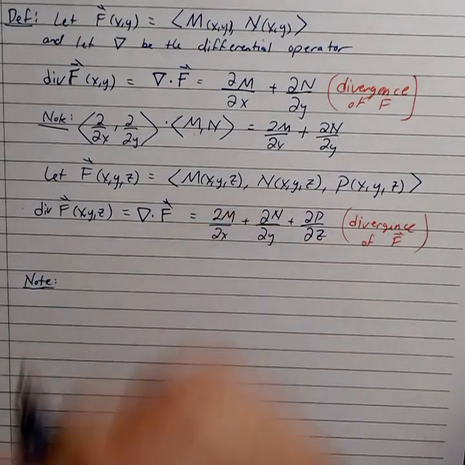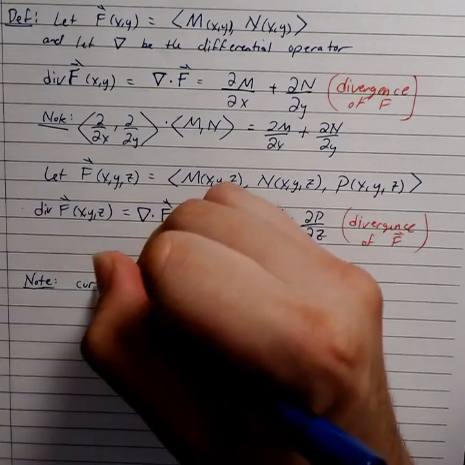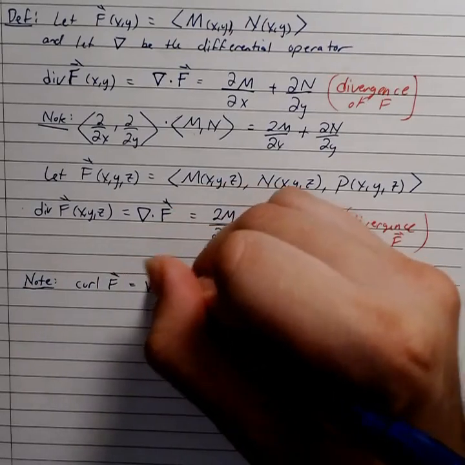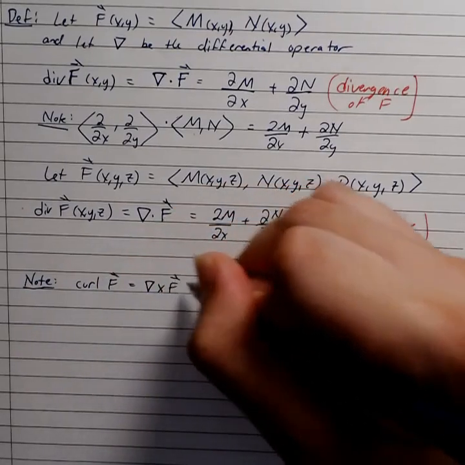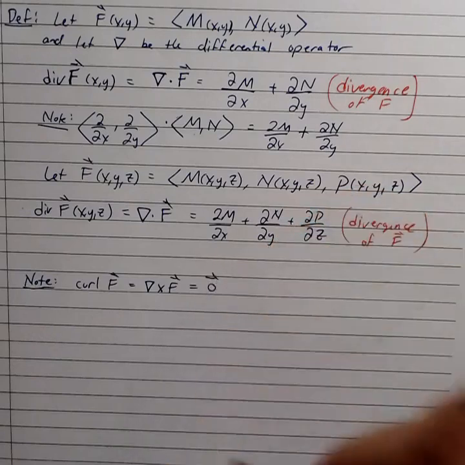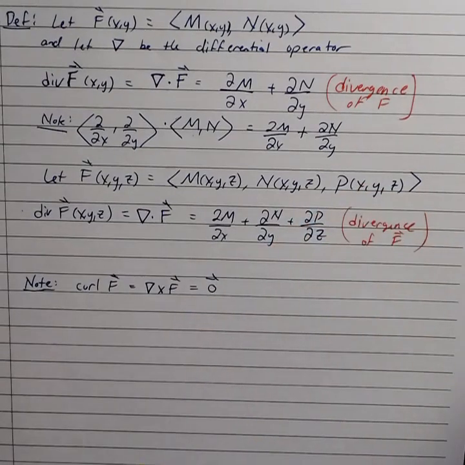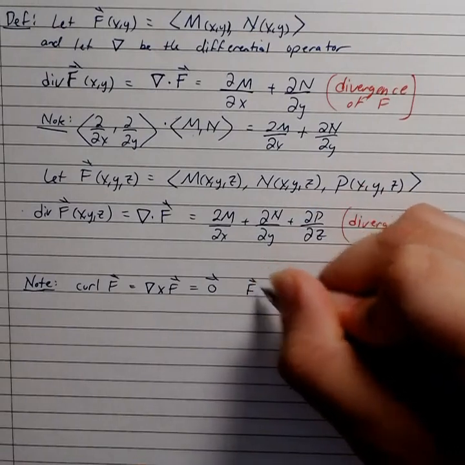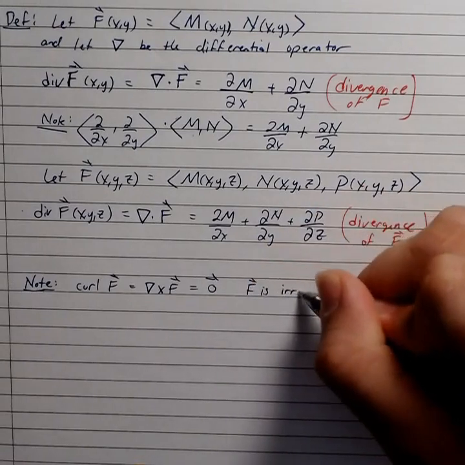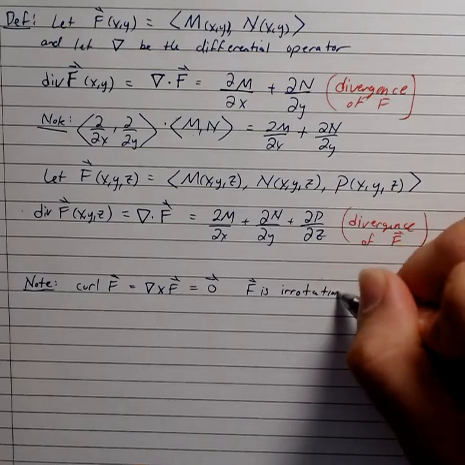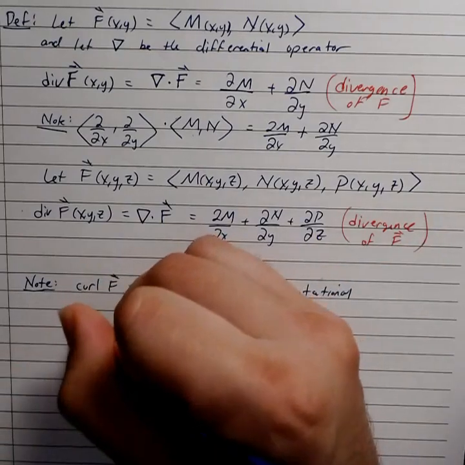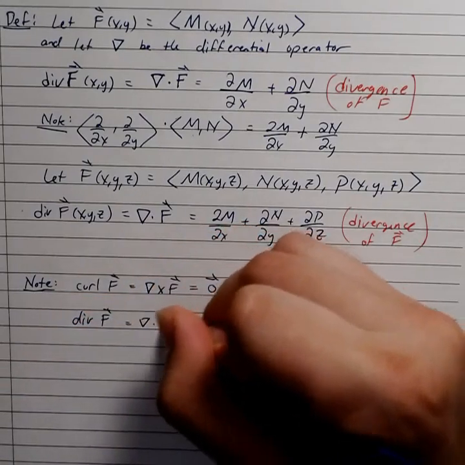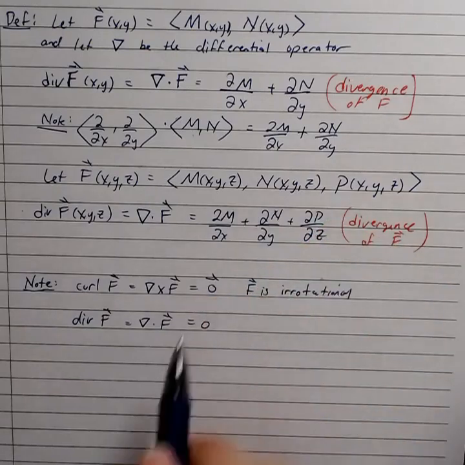But here, a note on language. If the curl, yeah, I spelled it right this time. If the curl of f, which is again given by del cross f, if that's equal to the 0 vector, this is called an irrotational field. F is irrotational. If the divergence of f, which again is denoted as del dot f, is equal to 0, notice that wouldn't be a vector.